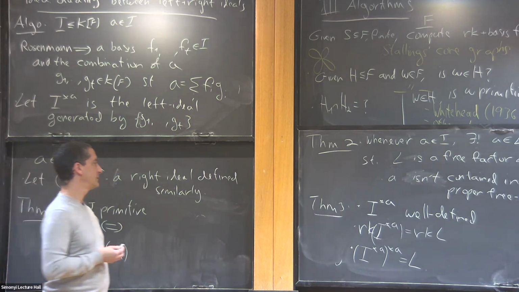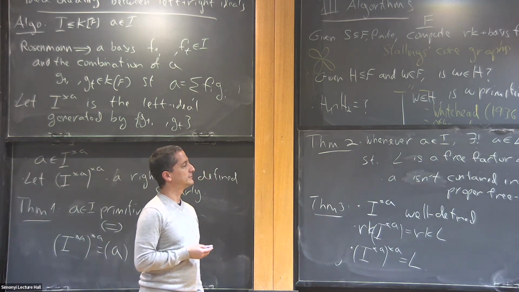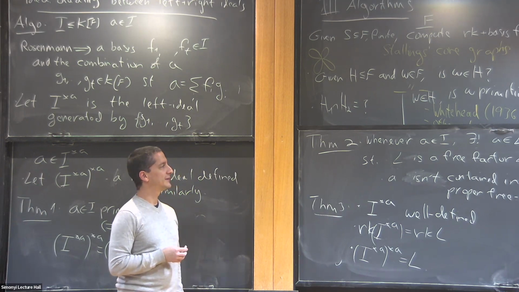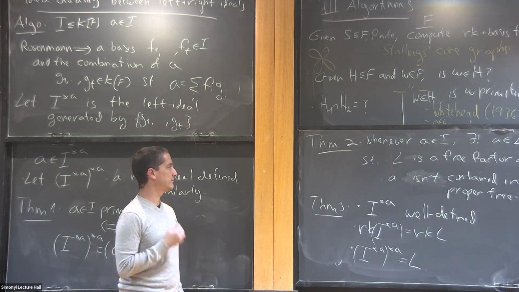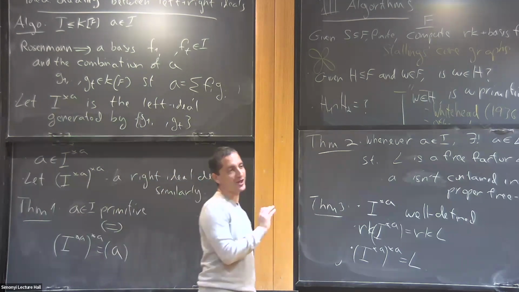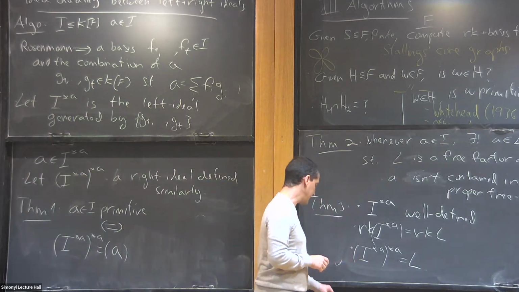But the minute you get away from very structured groups, even for surface groups, I don't know. Here we strongly use the Nielsen-Schreier theorem. I'm not sure what you can do without it.